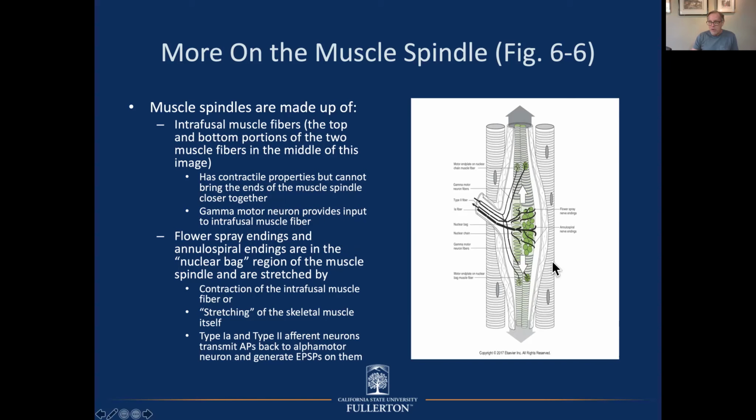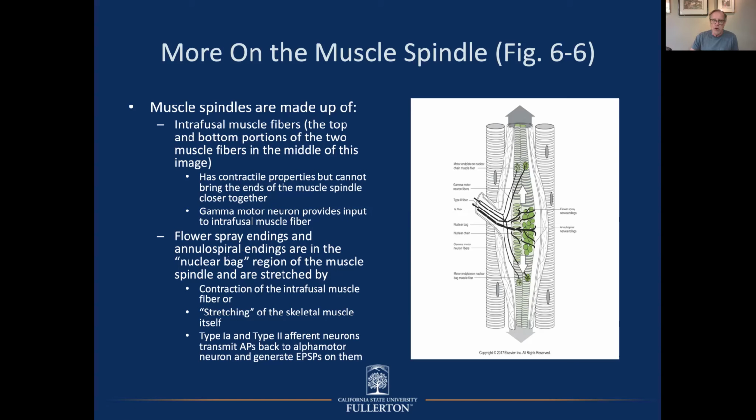Now, within this area of the center, which is called the nuclear bag, by the way, I don't know if I put that here. Yeah, okay. Nuclear bag region, that's the part of the muscle spindle that cannot contract, but it is stretched when the intrafusal muscle fibers contract. It has some endings in it, some specialized organs to sense the stretch that occurs.